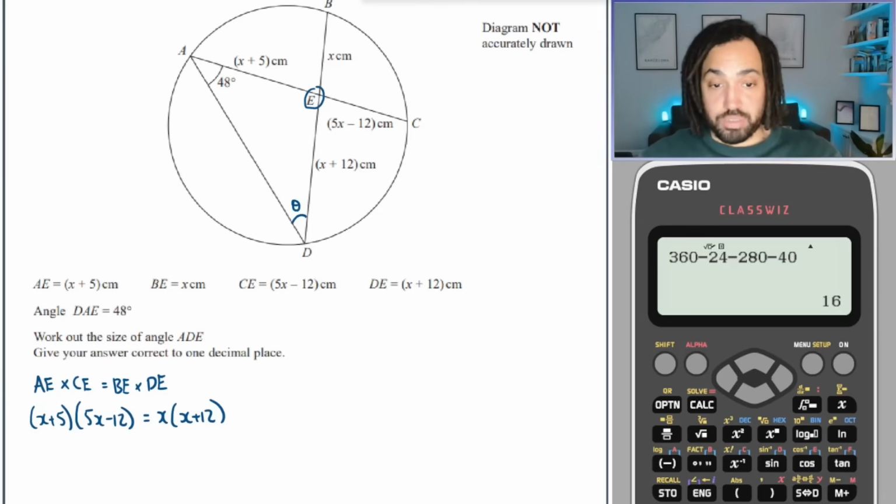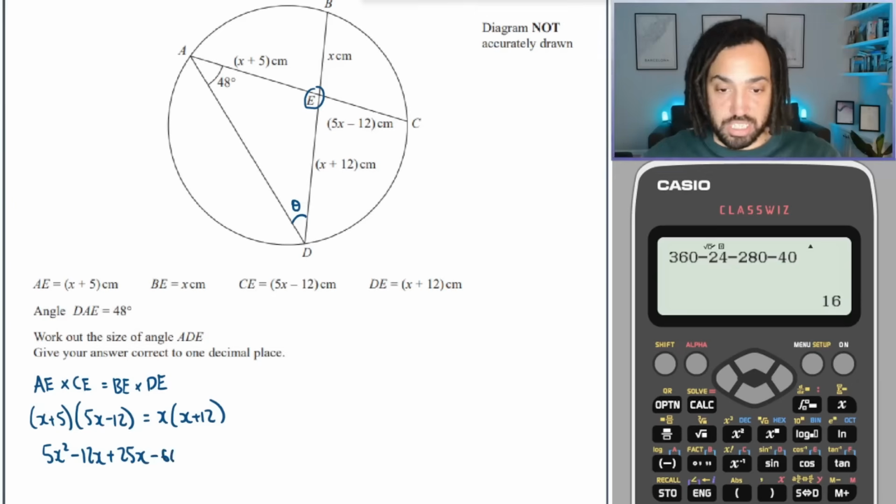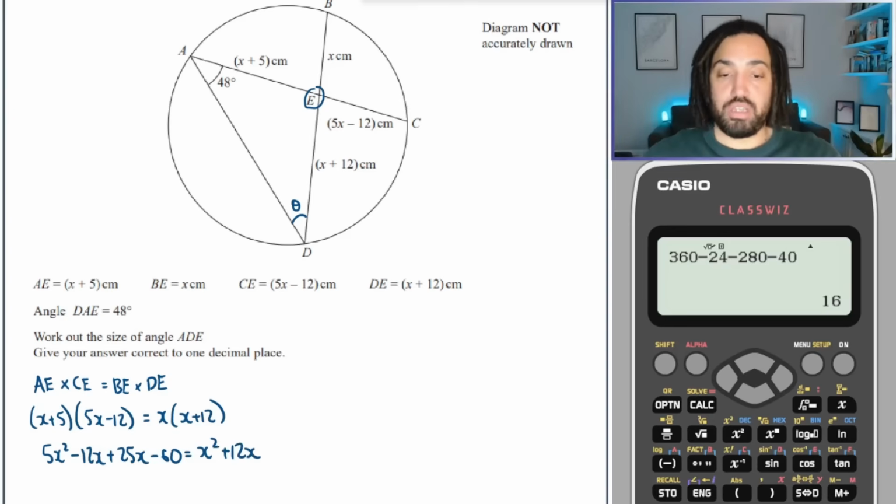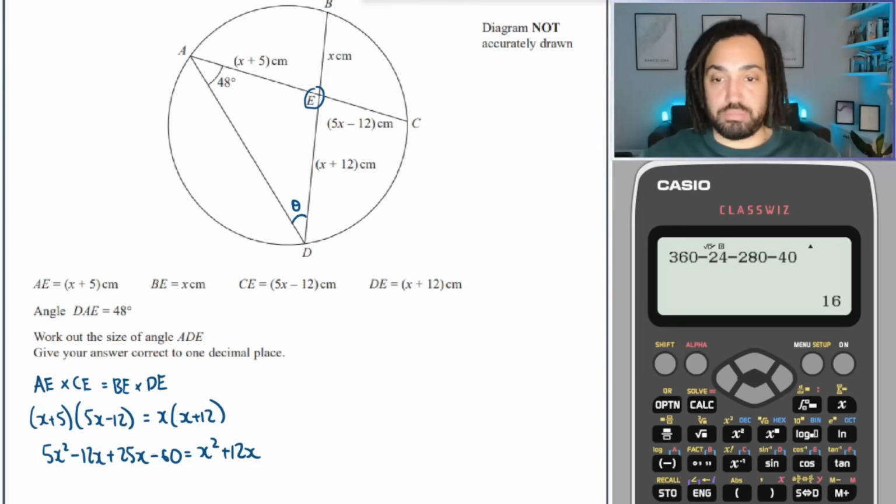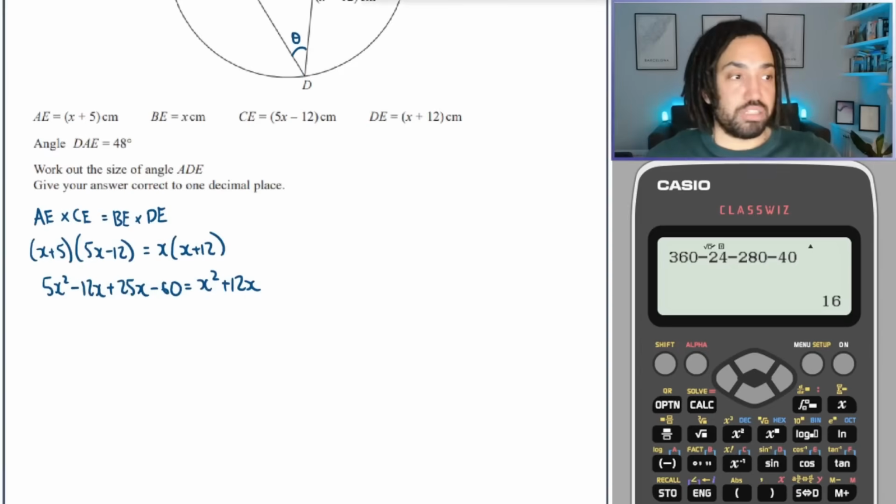So this could be solved. It's going to take a bit of legwork, but it can be solved. We'll expand the brackets to get x squared minus 12x plus 5x minus 60 is equal to x squared plus 12x. We will get some more space.